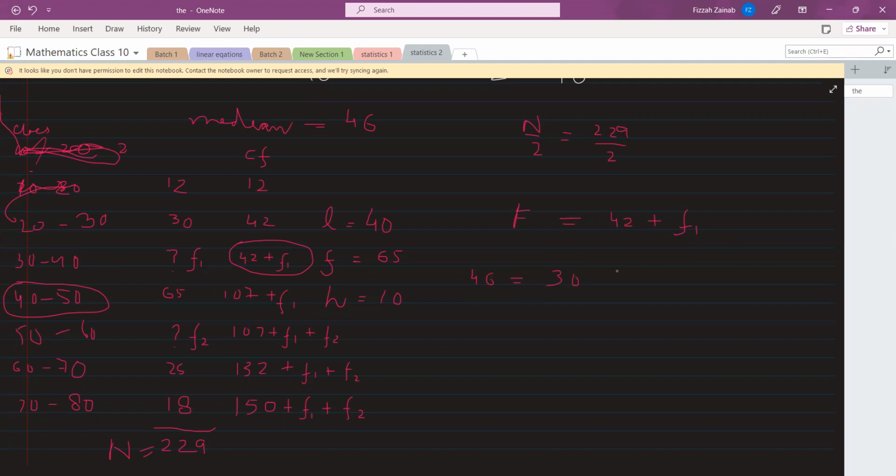So 30 plus N by 2, that means 229 divided by 2. See, this is 229 divided by 2, right? Okay. And minus F. So please use bracket because you have minus outside. So this is 42 plus F1.